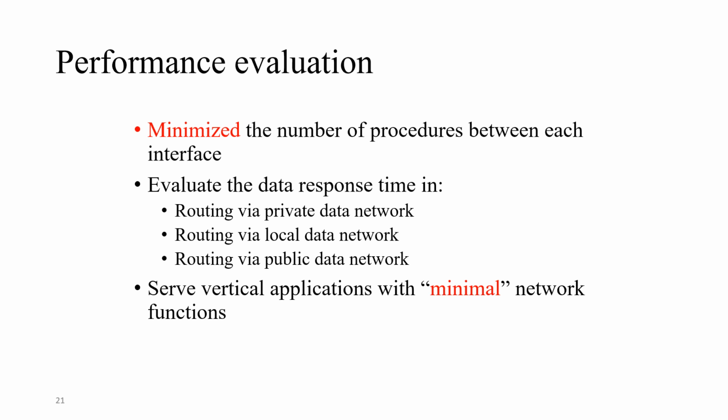Our ultimate goal is to serve the vertical application with a minimum of network functions, so the capital cost and the operation cost for the vertical sector will be decreased.